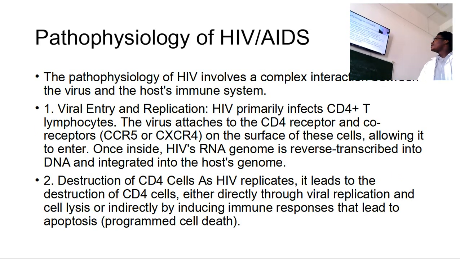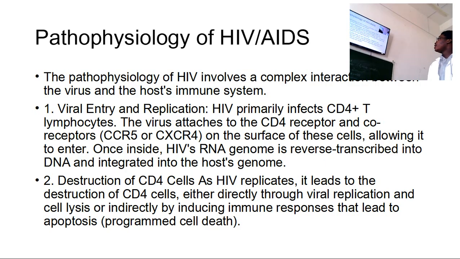Okay, the pathophysiology of HIV or AIDS. The pathophysiology involves a complex interaction of the HIV virus and the host immune system. There are 4 stages. We have the viral entry and replication.